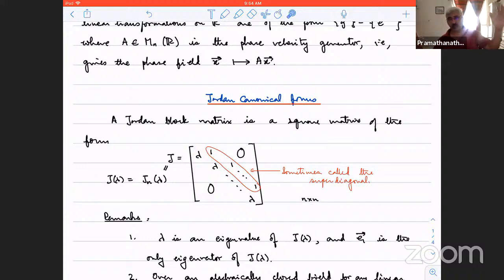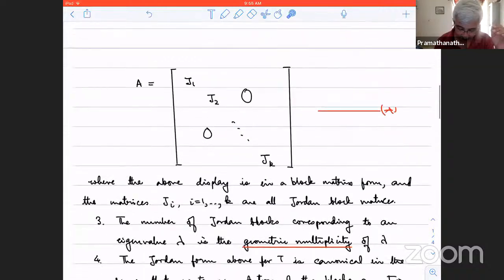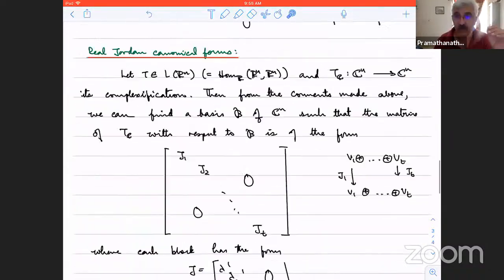Suppose you have 5 Jordan blocks corresponding to an eigenvalue, let's say 32. Then 32 occurs with geometric multiplicity 5. It occurs with a much bigger algebraic multiplicity, namely the sum of the sizes of each of these 5 matrices.